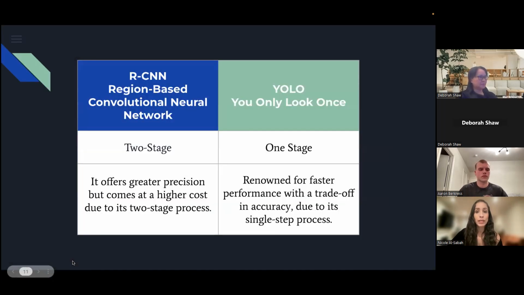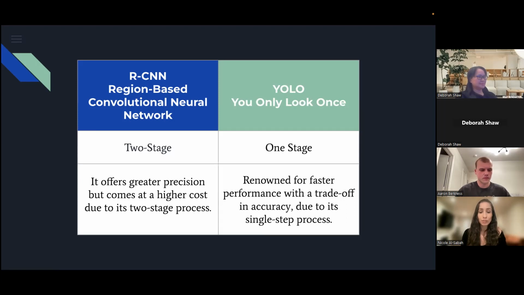So just to compare the two approaches for object detection, RCNN has a two-stage approach, and YOLO, You Only Look Once, has the one-stage approach. RCNN offers greater precision because it's dissecting the image and breaking it apart into every potential area in the image that could be an object.